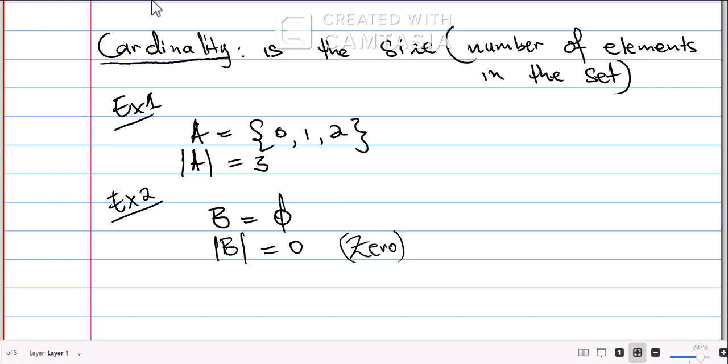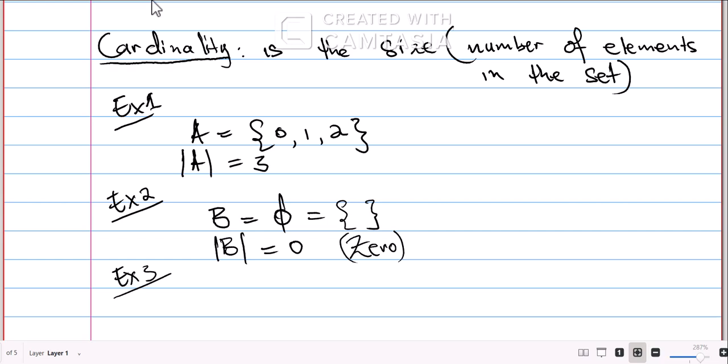For the empty set, we do not have any elements inside. This is also written like this. We don't have any elements inside, so we call it an empty set, and the cardinality of B is 0.